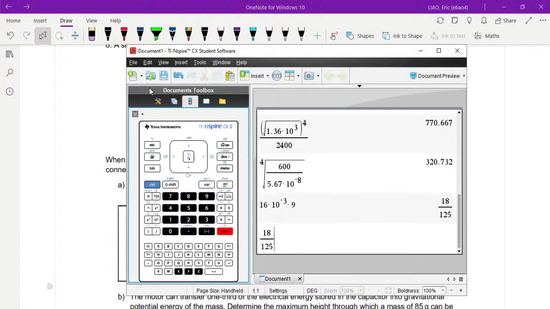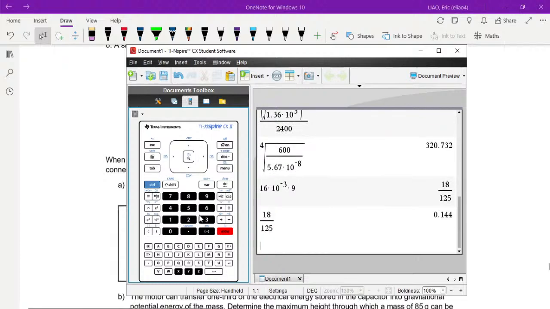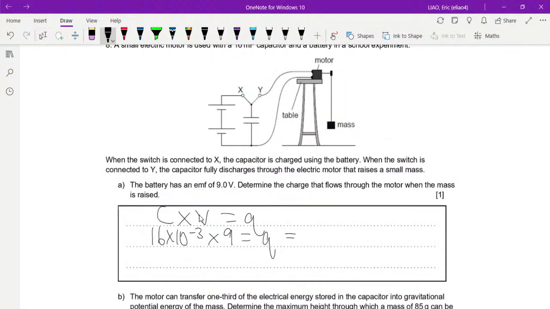That's not what we want. 144. I'll just write coulombs for now.